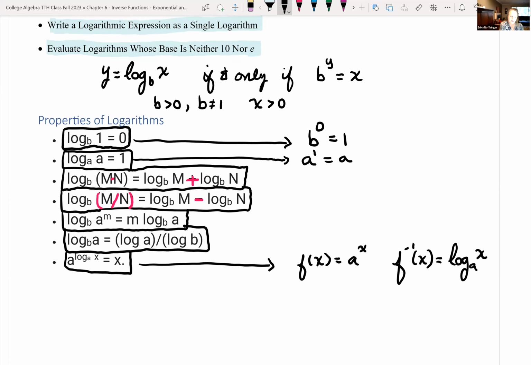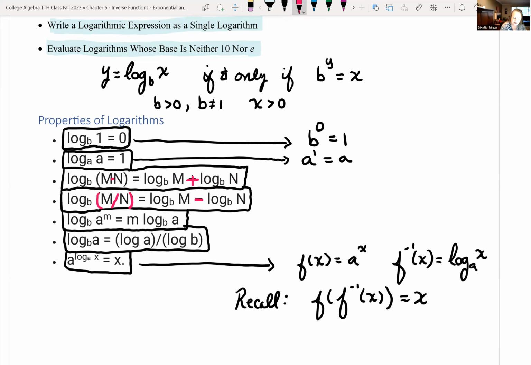So recall, in order for two functions to be inverses of each other, we have f of f inverse of x must equal x.